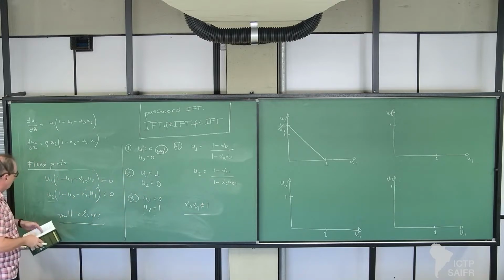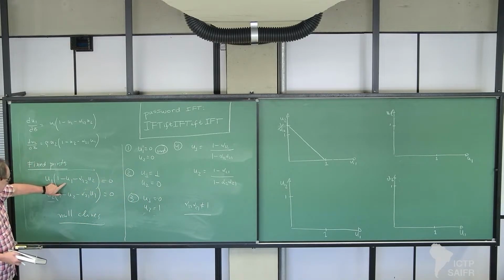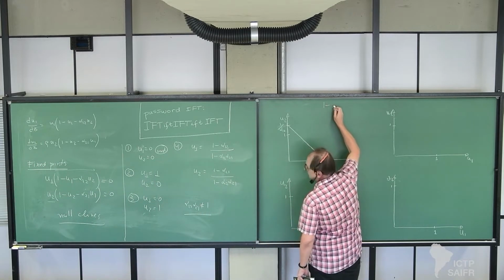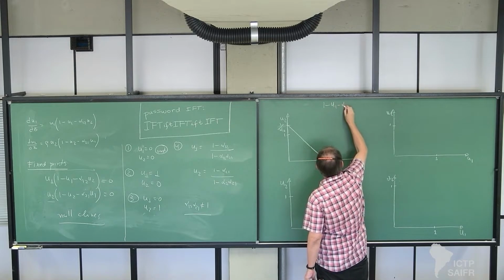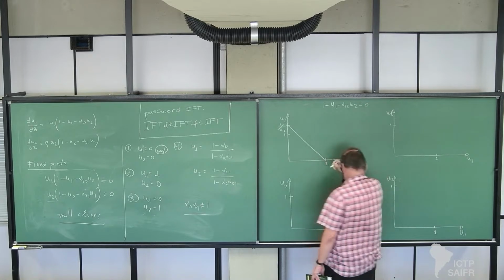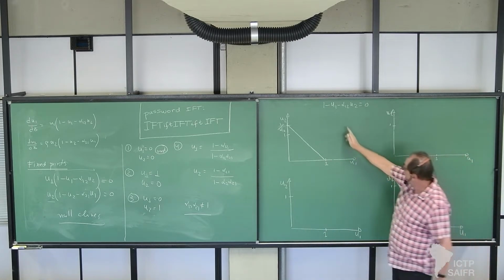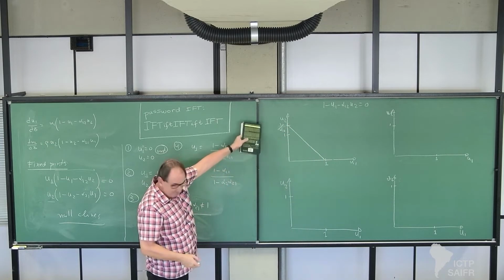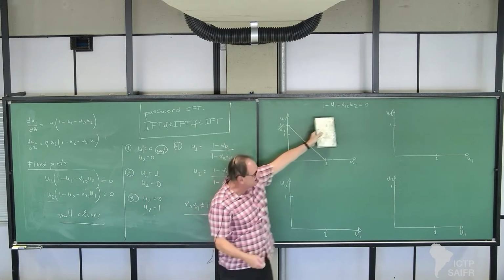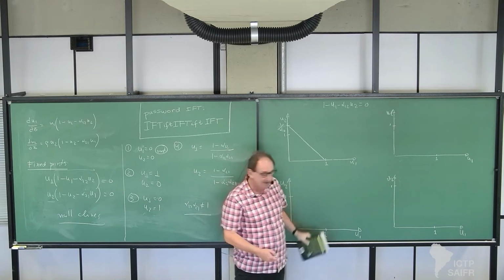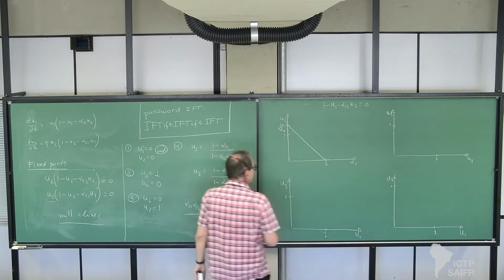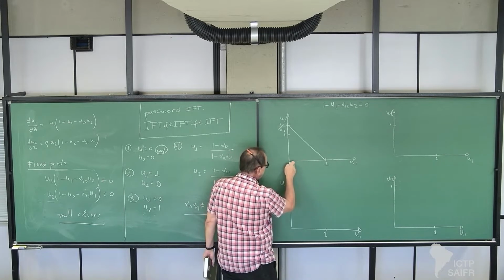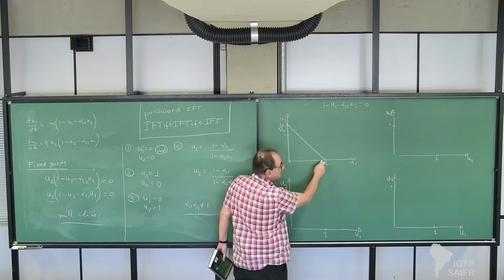So this line here: 1 minus u1 minus alpha 1,2 u2 equal to 0. It's a line, which describes this linear equation, so it goes through u2 equals 0, where u1 is equal to 1.